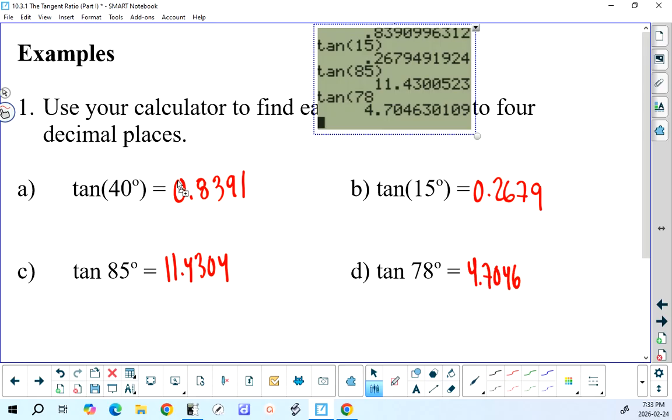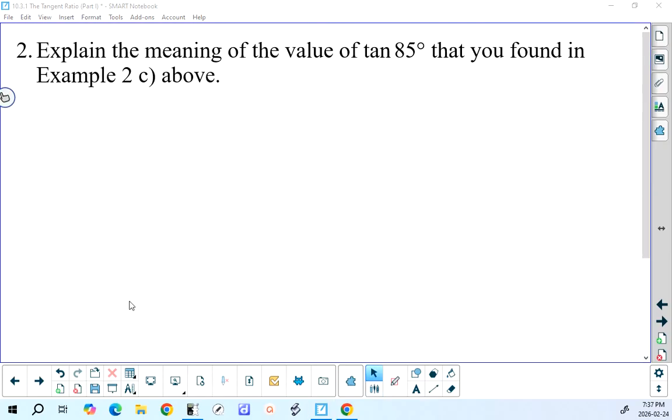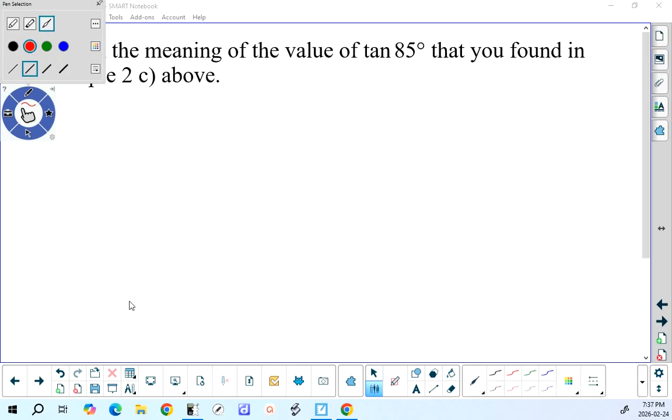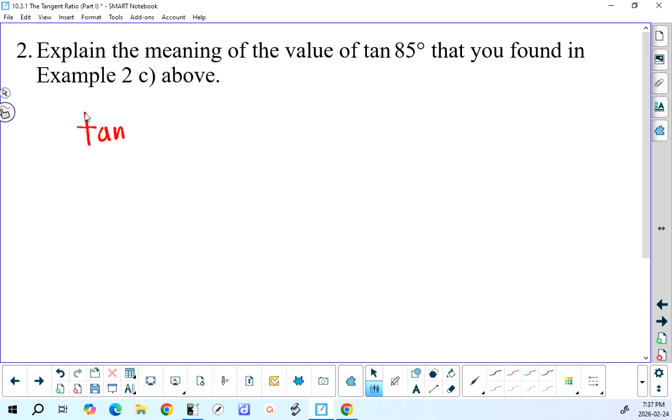And I know, I've already alluded to this, so far, so what? Well, we're getting to the application in just a minute. So that's how we use our calculator to find those tangents. Now, number 2 asks us to explain what that means. Like, what does it mean when you enter tan of 85 on your calculator and you get, I'm just going to call it 11.